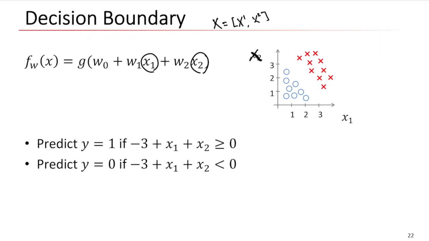So this will be x2 over x1. Okay, so we have the mapping function like this, with the nonlinear function and a linear combination of the coefficients and the input feature x, something like this.